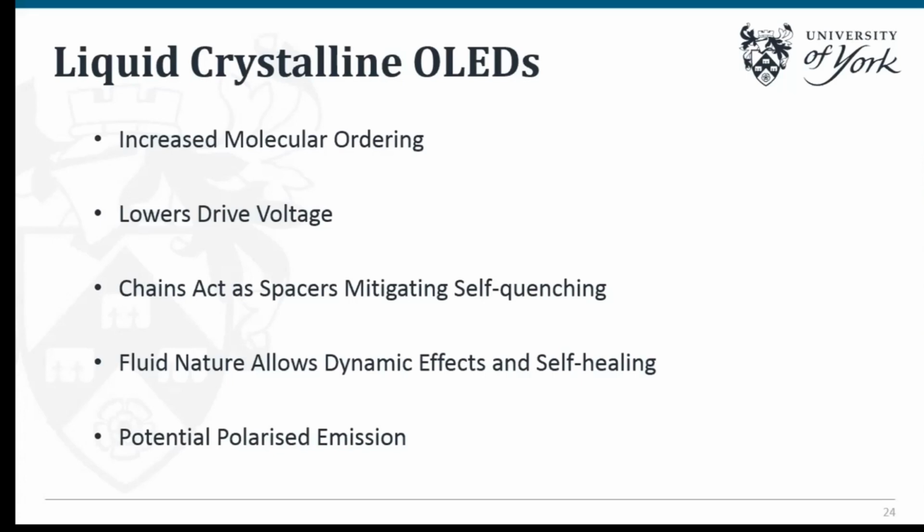The long flexible chains on liquid crystal molecules, which are needed to induce the liquid crystal phase, also are useful in photophysically active materials, because they act as spacers that keep the molecules that little bit further apart, which prevents what we call self-quenching, which is basically where your excited electrons manage to have other routes besides that emissive light emitting transition that we want, where they can deactivate themselves.